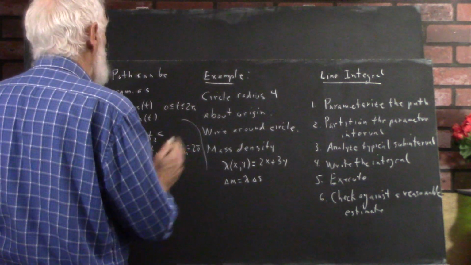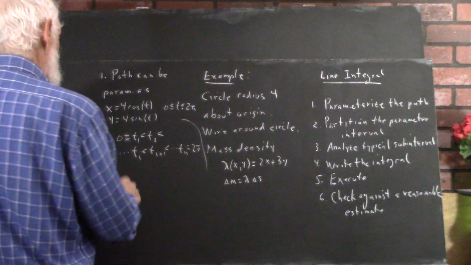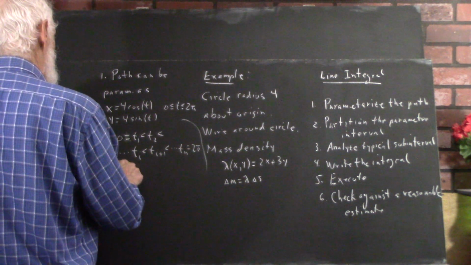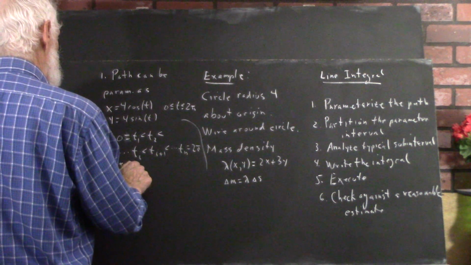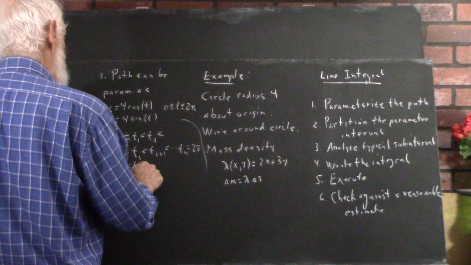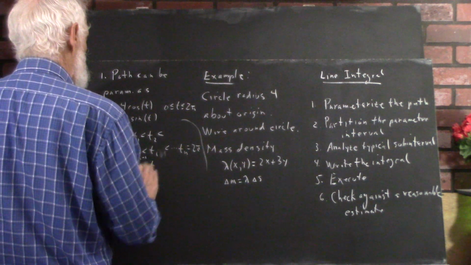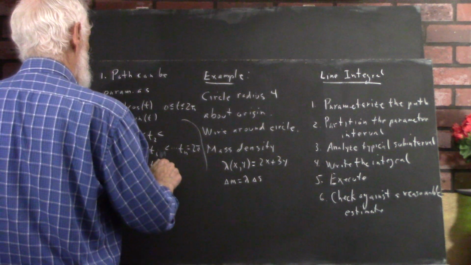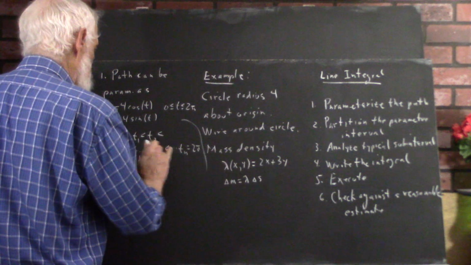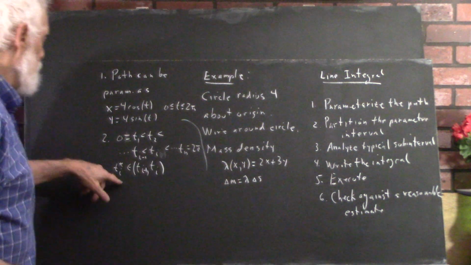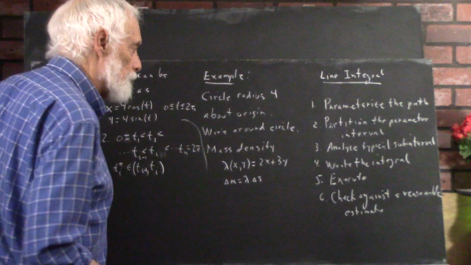You chop it up into small intervals, and then you have your typical sample point, ti star, which is in the interval from ti minus 1 to ti. Being careless with my notation, but I think we're all used to that. So there we have a partition of the interval and a sample point in each interval.